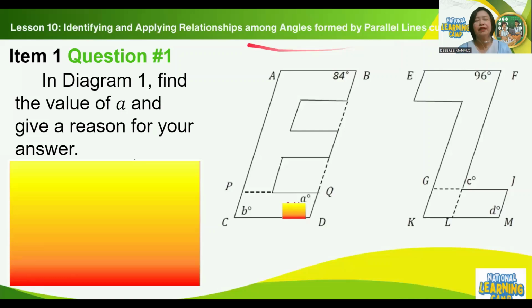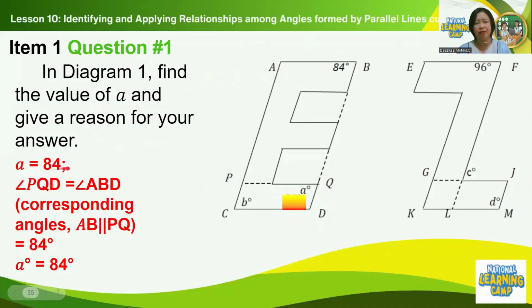You can solve item 1, questions 1 to 3. You can pause the video to answer. Question 1. In diagram 1, find the value of A and give a reason for your answer. Angle PQD is referring to A degrees. It is said here that A is equal to 84. Why 84?